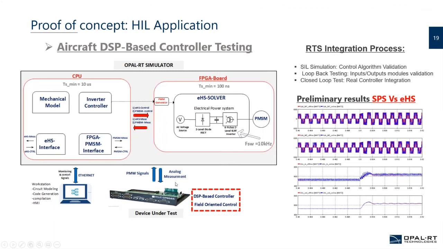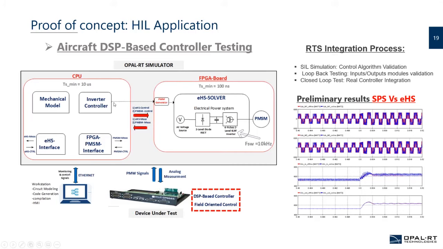So first, before integrating the control algorithm in the real device, we simulated this algorithm in real time using the available cores that come with the platform. We simulated this algorithm, and we sent the generated duty cycle to the FPGA PWM generator here to control the circuits.